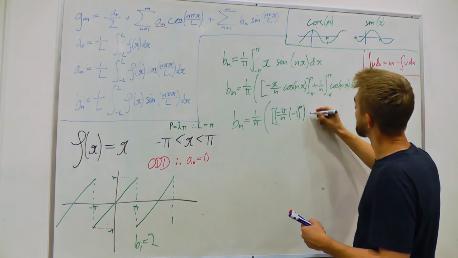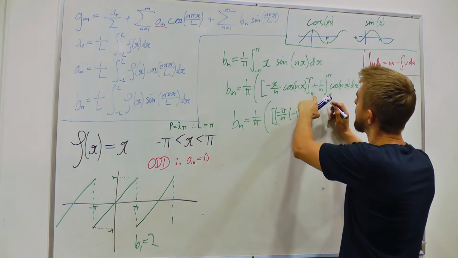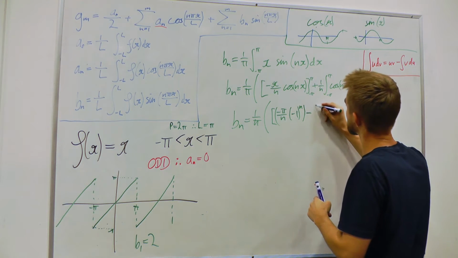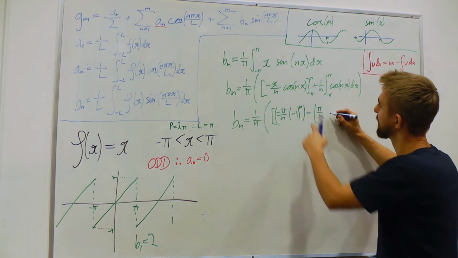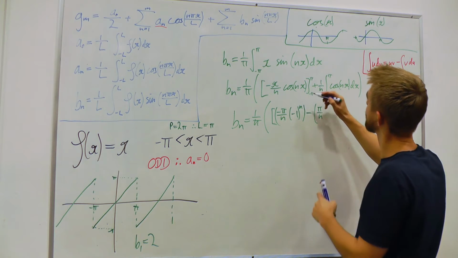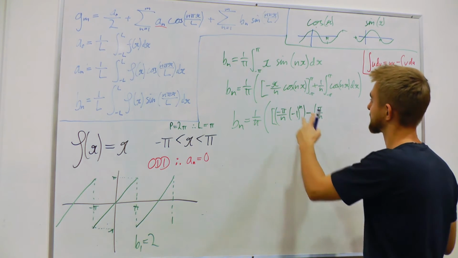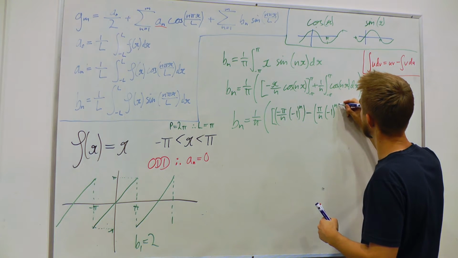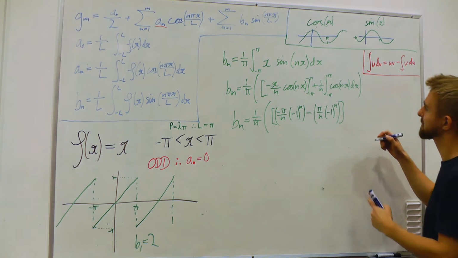Minus, and now we've got minus minus pi, so that's just pi over n, and then exactly the same thing again, because cos is an even function, it's symmetrical about the vertical axis, so you just get exactly the same thing, minus 1 to the power of n. Okay, that's this first term done. What about this thing over here?